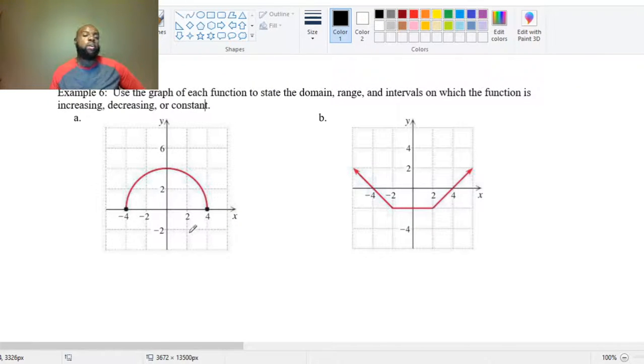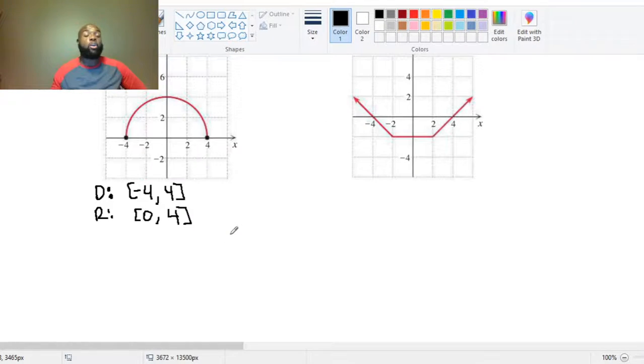We have a semicircle here. It says to state the domain. Our domain runs from -4 to 4, and our range runs from 0 to 4, counting by 2. It's not labeled. But our range is our lowest y value to our highest y value. There we go. Our function is increasing, right?